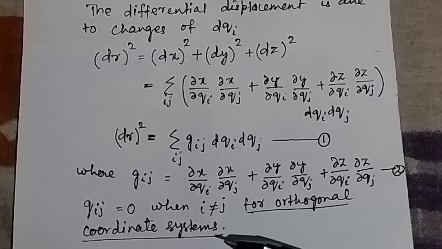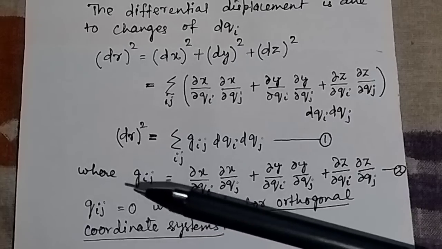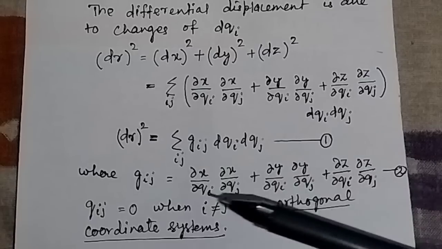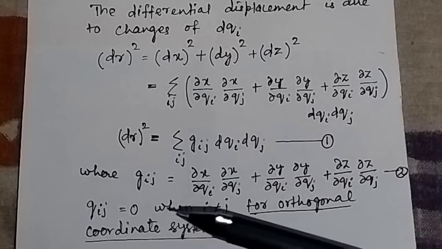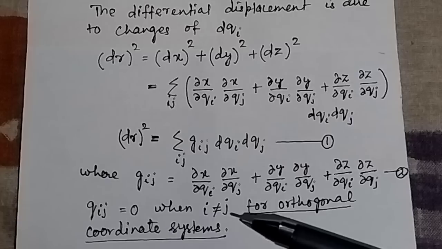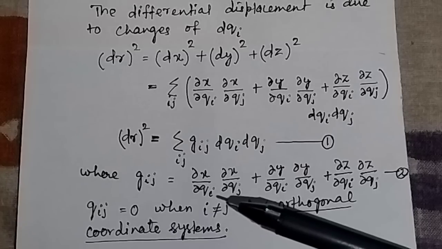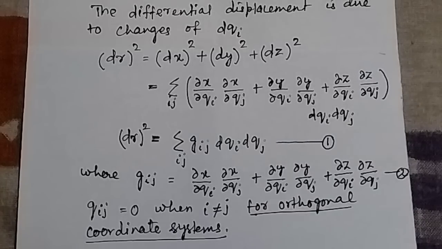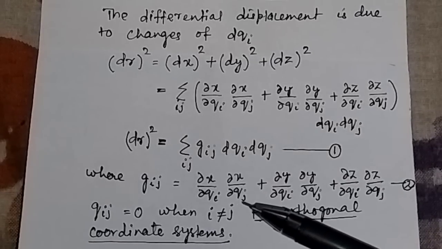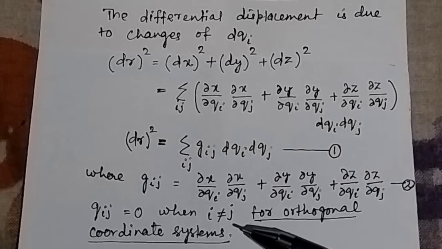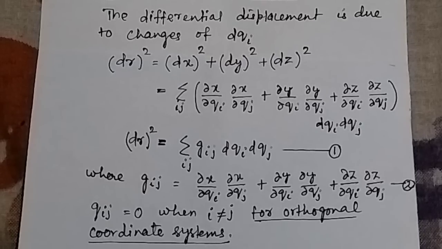For an orthogonal coordinate system, this factor gij will be equal to 0 when i is not equal to j. That means we take i equal to j. So if i equals j, they are orthogonal. They are called orthogonal coordinate system.